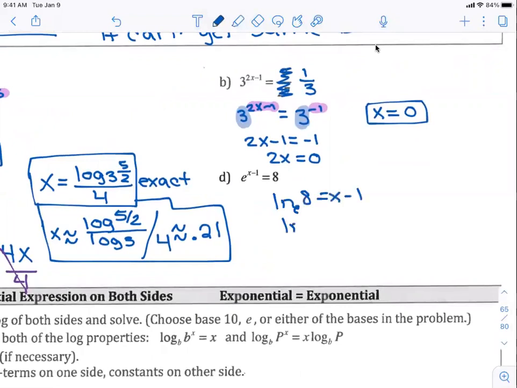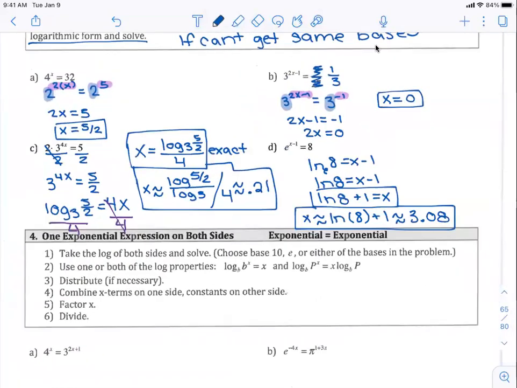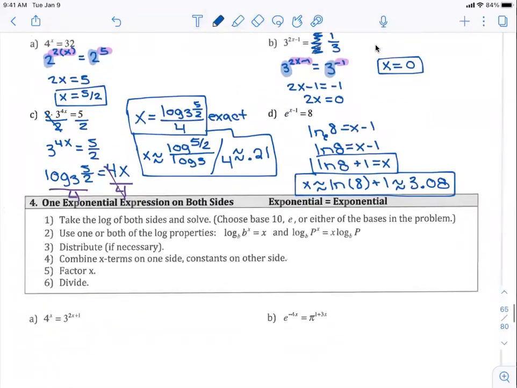You don't even really need the e because remember, whenever you have a natural log, it automatically is a base e. To solve for x, I'm going to add 1 to both sides, and that's what I'm going to type in my calculator. This is the exact answer, now the approximate. Make sure when you type it in, you use parentheses. And you should get about 3.08. You're going to have working time in class for typing these in. So if something's going wrong in your calculator, you've got to ask me.